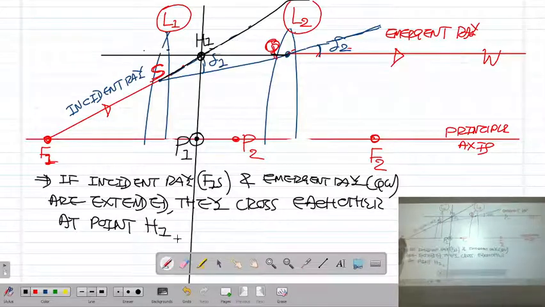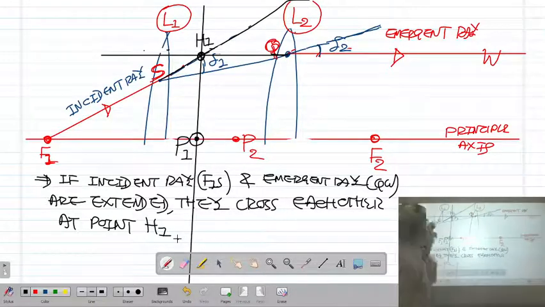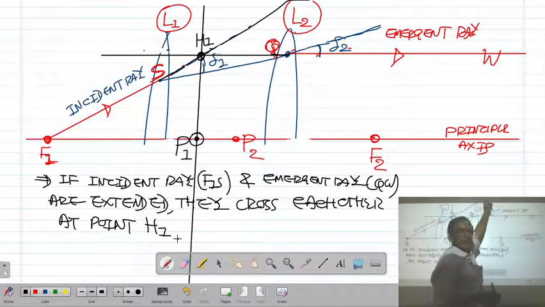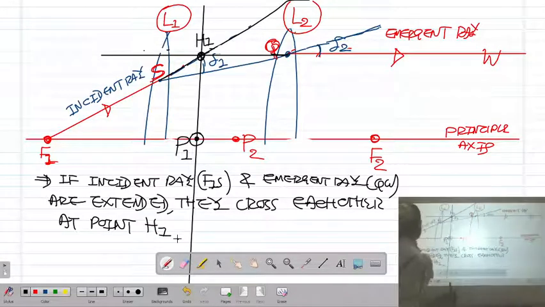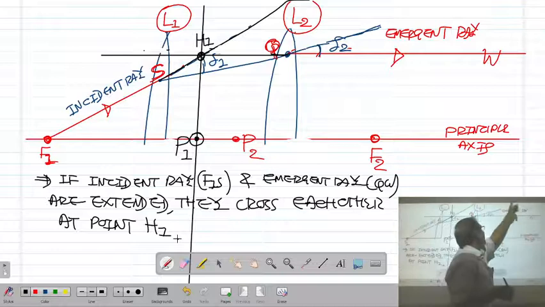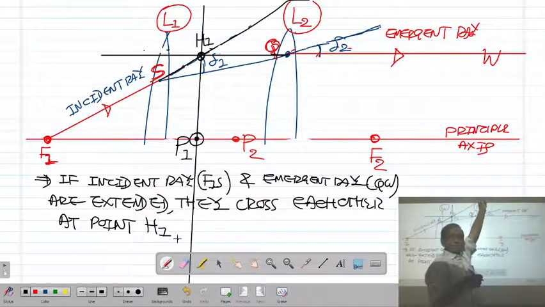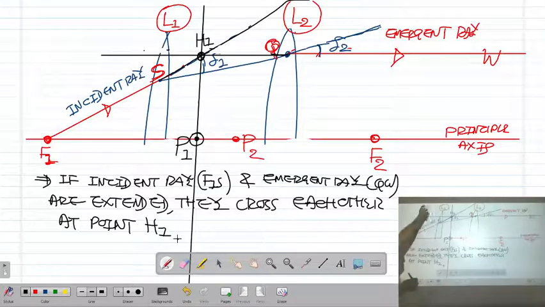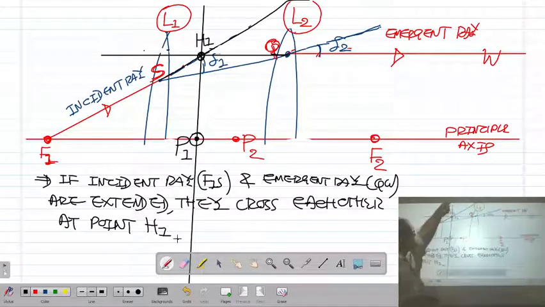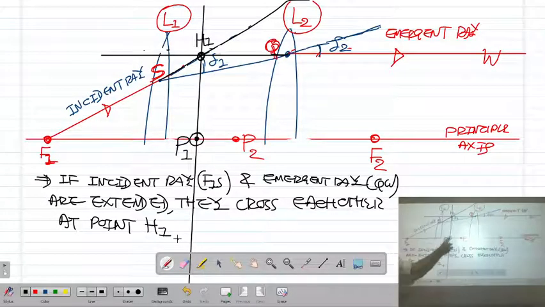You can see in the diagram that the incident ray F1S extended forward and the emergent ray extended backward meet at point H1. The plane passing through point H1 and perpendicular to the axis, H1 P1, is called the first principal plane, and P1 is called the first principal point.